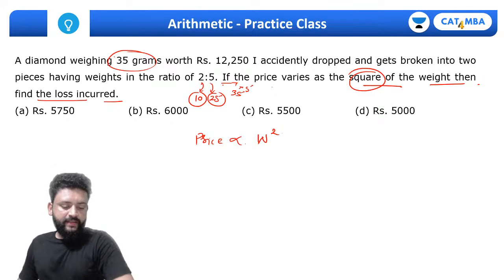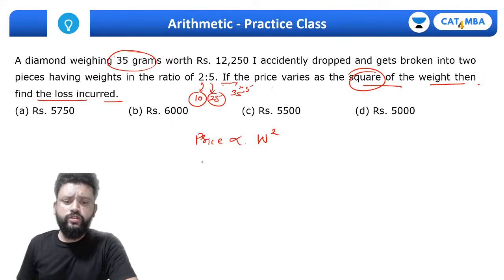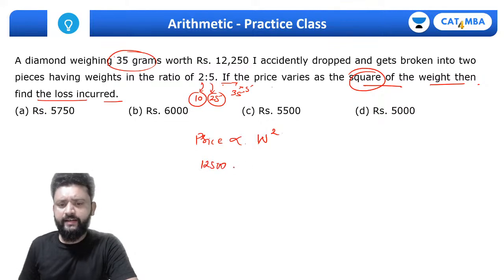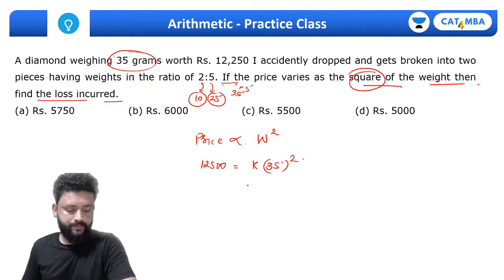Is it D? 5000? Okay, so this 12,250 is equal to K into 35 square, right?